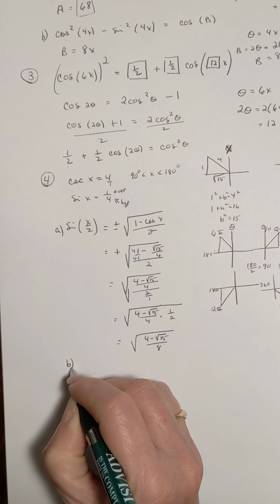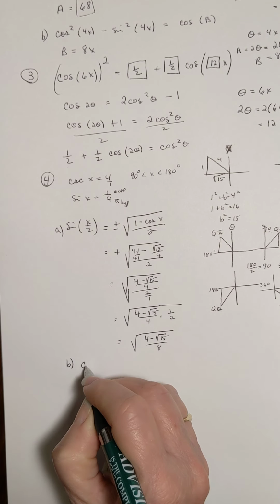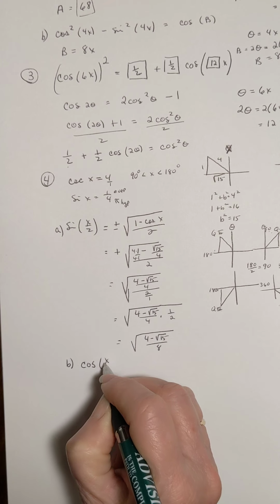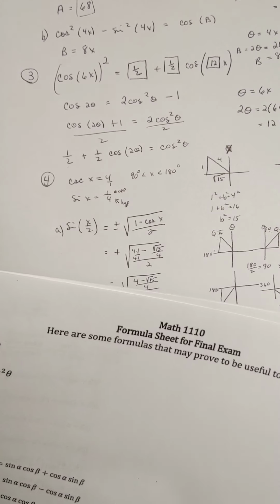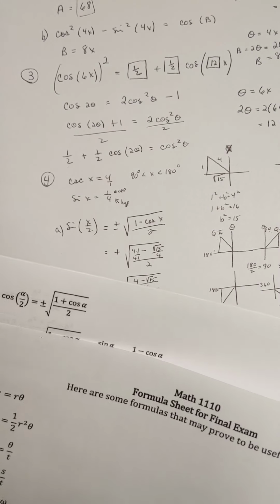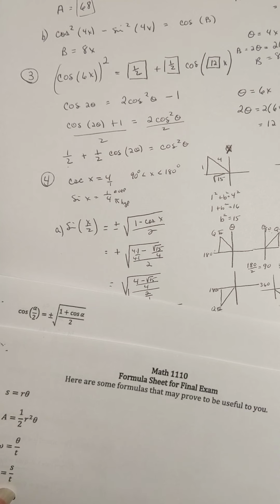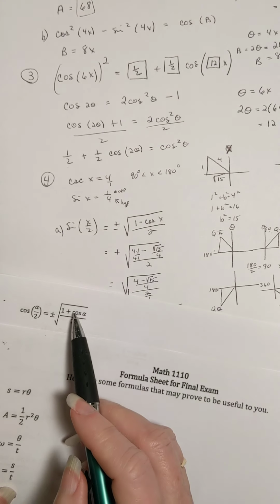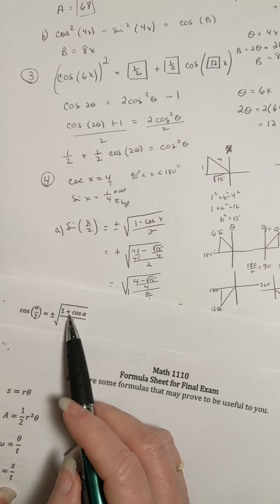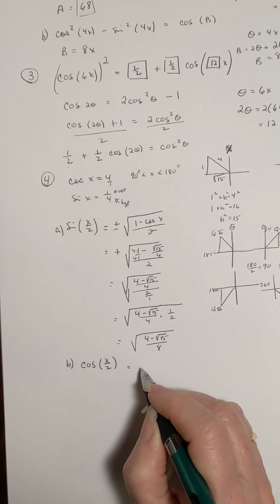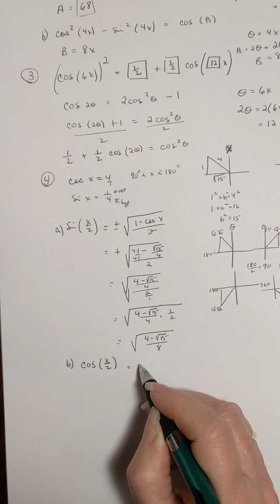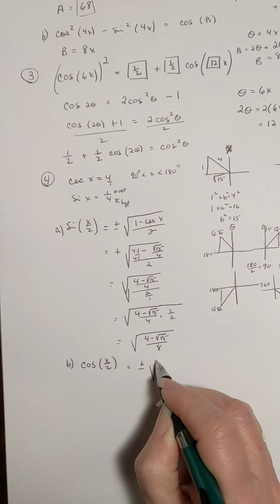Now part B says, what is the cosine of x over 2? So looking at my formula for cosine, and it's on the second page of the formula sheet, it's almost the same as the sine, except instead of having a minus here, it has a plus here. So this is going to be, and again, I have to choose between plus or minus.